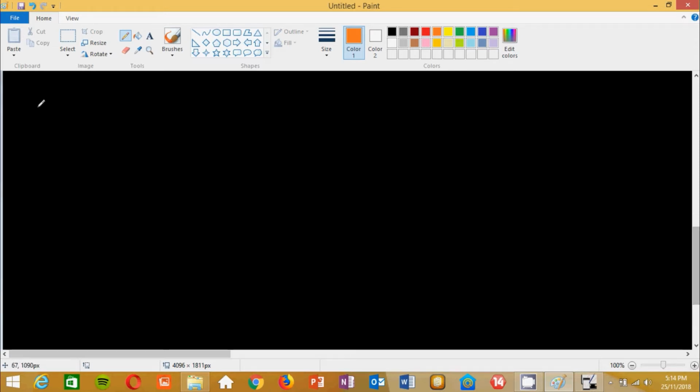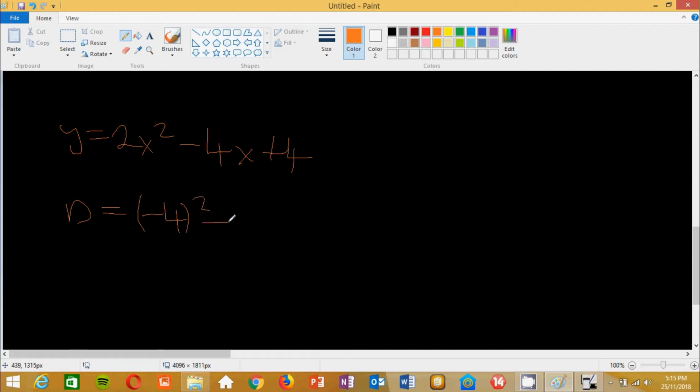So when we look at our previous example of the curve we were trying to sketch, the curve was y is equal to 2x squared minus 4x plus 4. In this case, our discriminant D is equal to negative 4 squared minus 4 times 2 times 4. This is our discriminant. And here we can see that this is equal to negative 16, and that's less than 0.